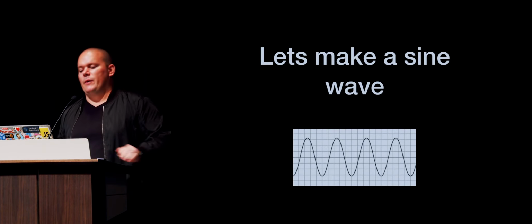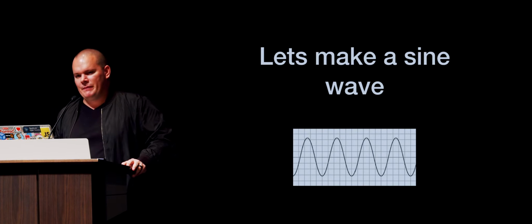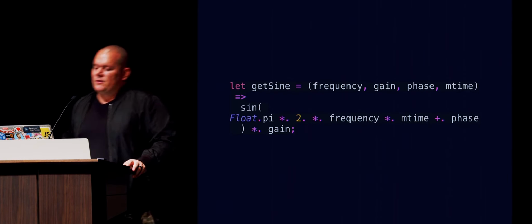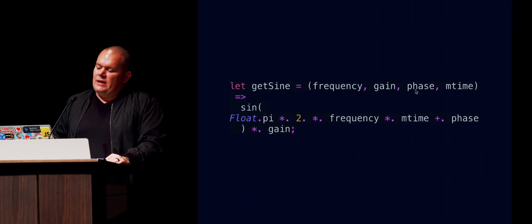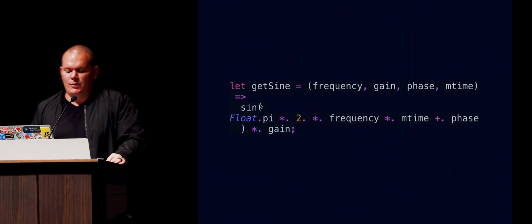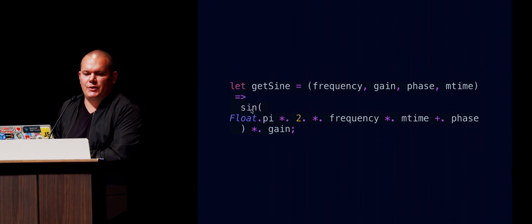So let's make a sine wave. Drop the bass. That's really all there is to it. You have a method that takes the frequency, gain, phase, and your time offset, and you do your math sine function.